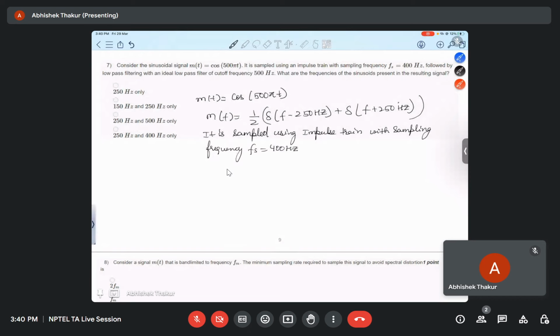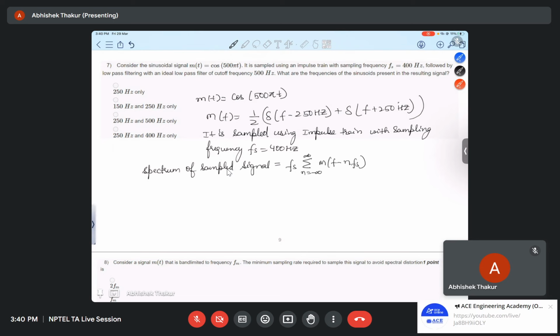So the sampled signal has a spectrum. We have already seen what the spectrum of a sampled signal is, in the first question. The spectrum of the sampled signal is equal to fs times the summation from n equal to minus infinity to infinity of M(f minus n fs). So this is the spectrum of the sampled signal.